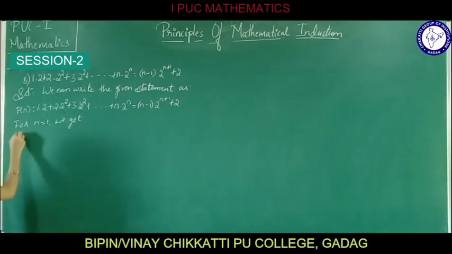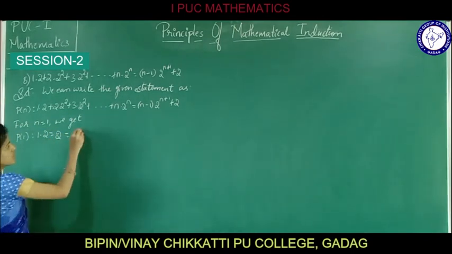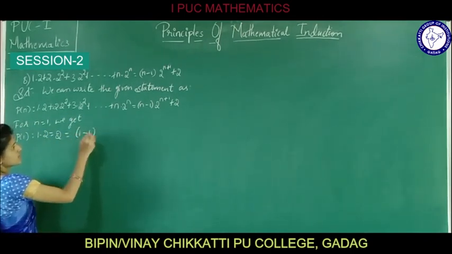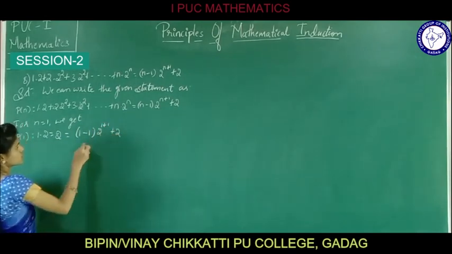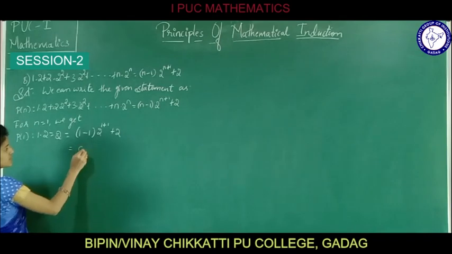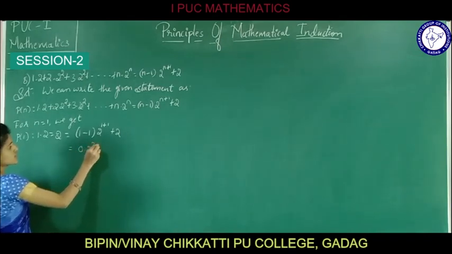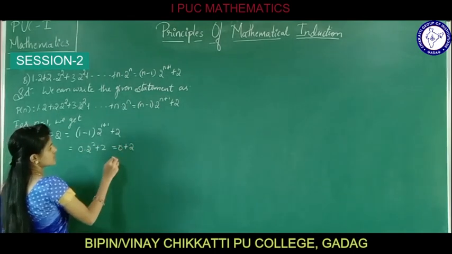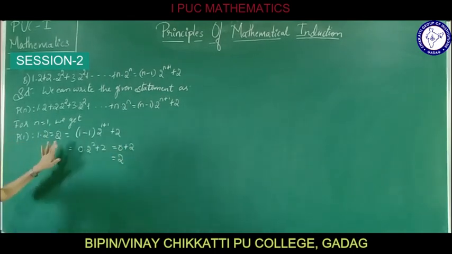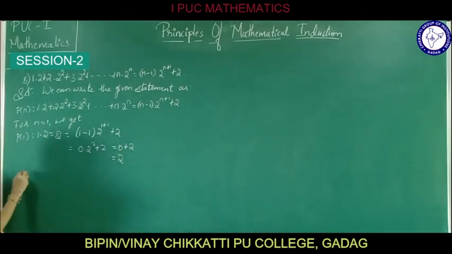We get P of 1 such that 1 into 2 is nothing but 2. Again we have 1 minus 1 into 2 raised to 1 plus 1 plus 2. This can be written as 1 minus 1 is 0 into 2 raised to 2 plus 2, nothing but 0 plus 2. We got this as 2. Therefore 2 is equal to 2, which is true.